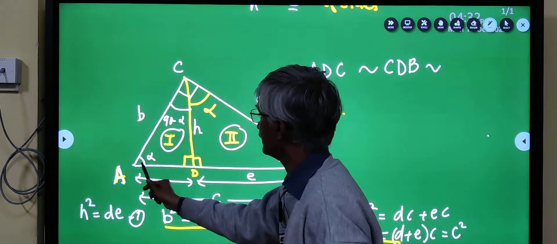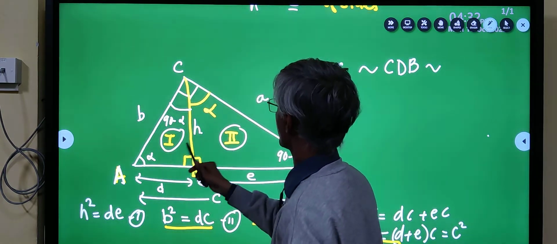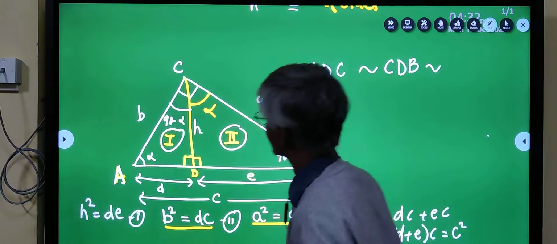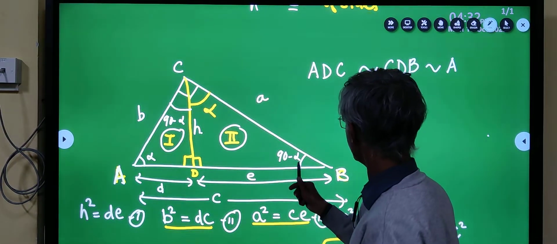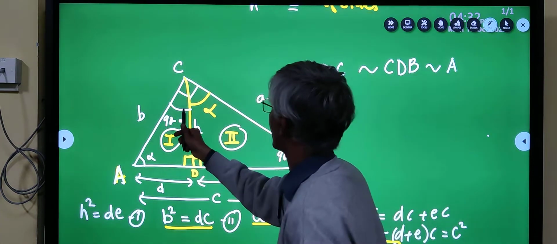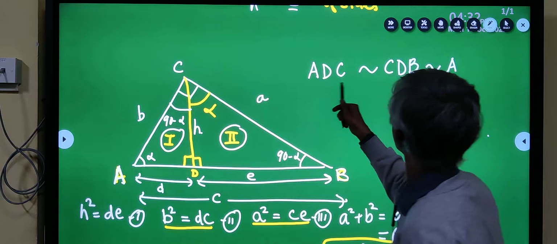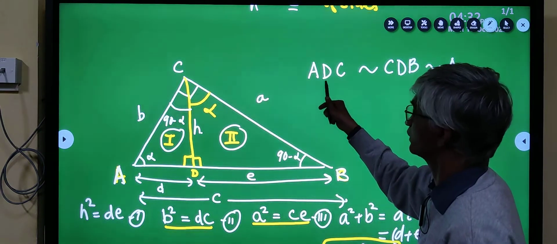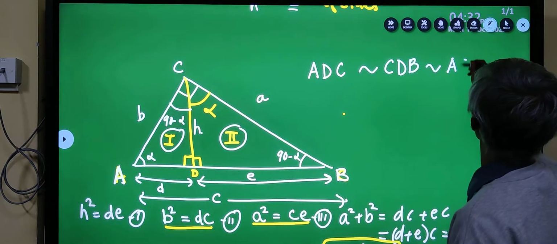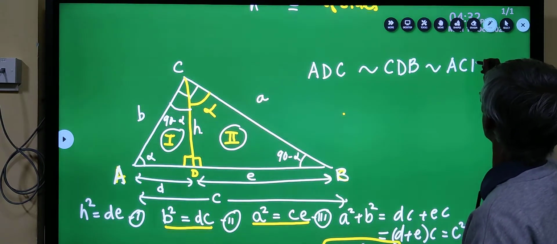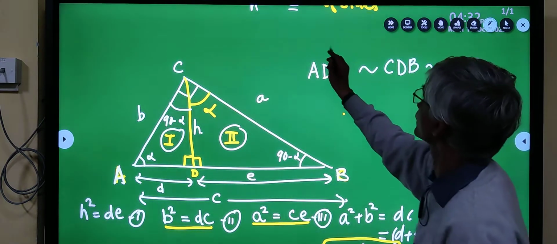So angle A in the left hand side triangle corresponds to angle A itself in the mother triangle. Angle D here of triangle 1 corresponds to angle C, and therefore the last point here is going to be B.